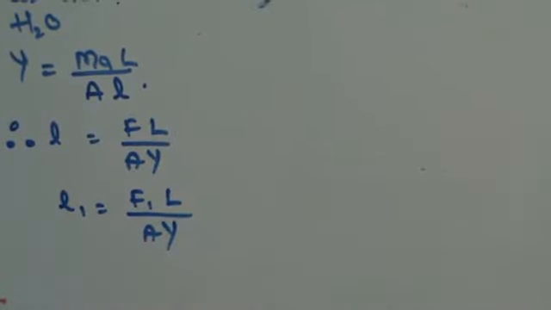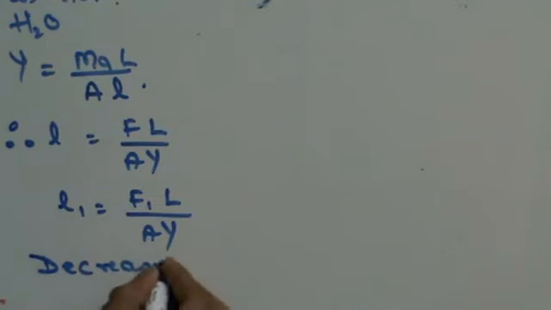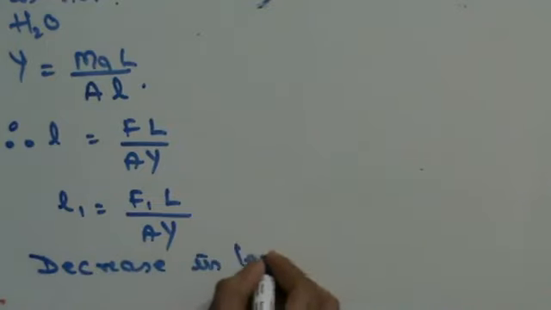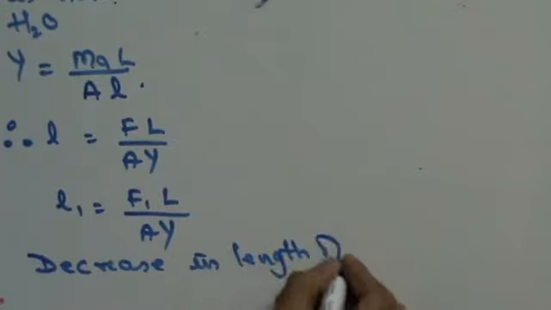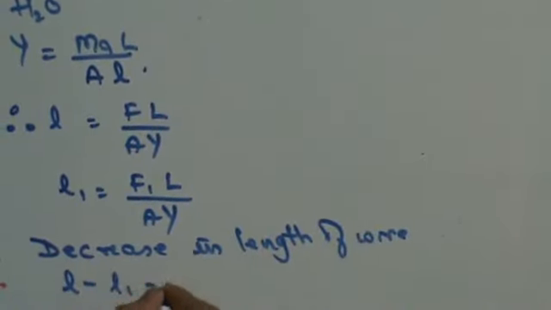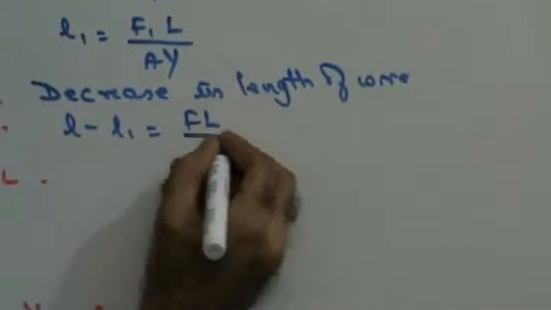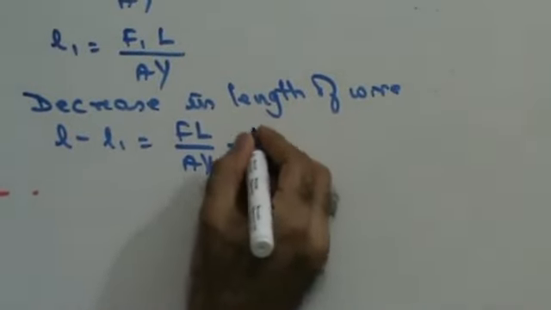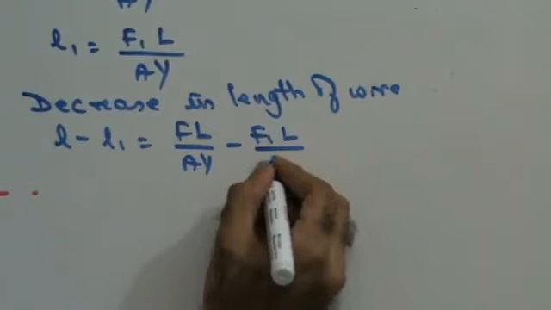The original length of the wire is same, cross section area is same, Young's modulus is same because the same wire is being used. So in that case, the decrease in length of wire, L minus L1, is nothing but FL upon AY minus F1L upon AY.